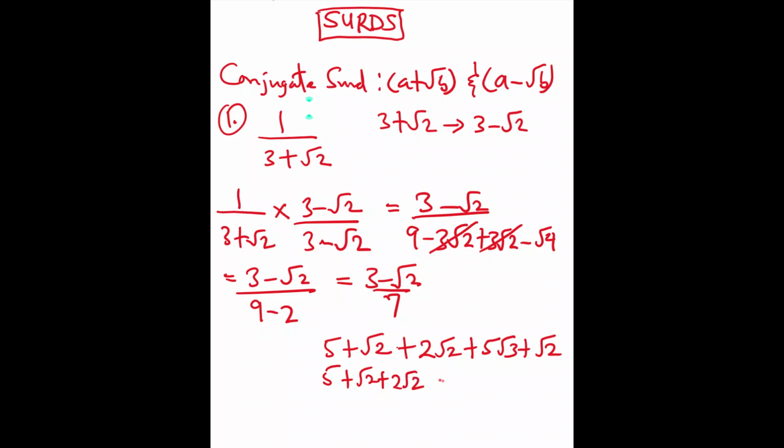Root 2 plus 2 root 2 gives us 3 root 2. 3 root 2 plus root 2 will give us 4 root 2. That's what we call collecting the like terms. So that will be 5 plus 4 root 2 plus 5 root 3. I want you to take note of that because it's going to come up very soon.